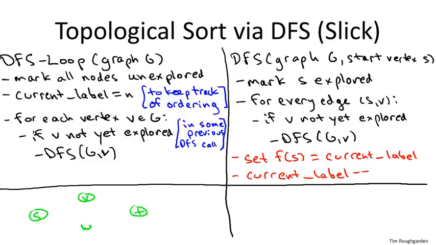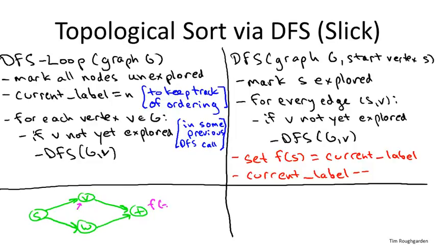So let's just say we have this 4-node directed graph that we're getting quite used to. So this has 4 vertices, so we initialize the current label variable to be equal to 4. So let's say that in the outer DFS loop, we start somewhere like the vertex v. So notice in this outer for loop, we wind up considering the vertices in a totally arbitrary order. So let's say we first call DFS from this vertex v. So what happens?